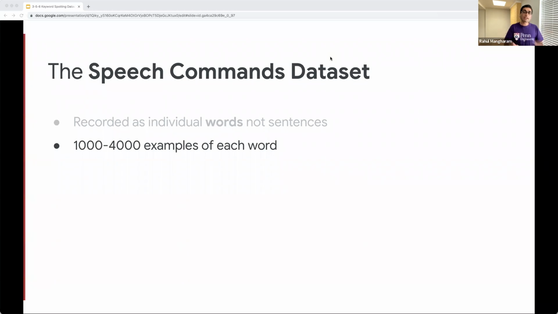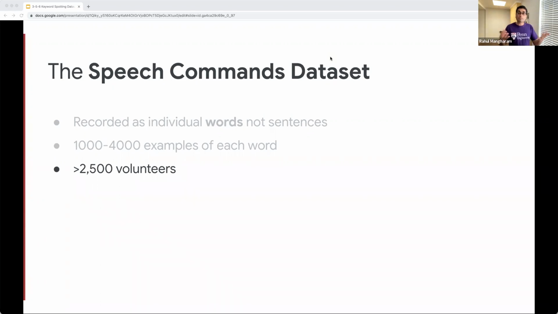For the exact reason I was just talking about: there are many people who might be interacting with the device, so you've got to capture the fact that people are diverse. They speak differently, they say things differently, they emphasize things differently. By having a broad distribution of examples in your data set, you're effectively trying to get the model to recognize all of them.